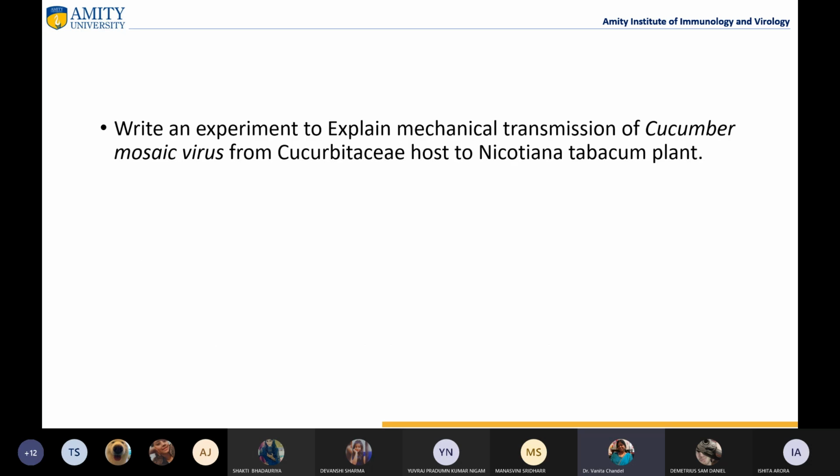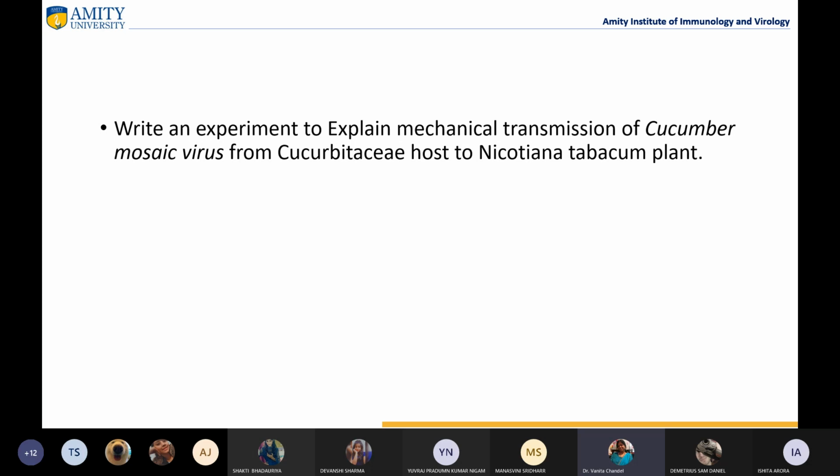Okay, so the experiment that you all will write is an experiment to explain mechanical transmission of cucumber mosaic virus from a cucurbitaceae host to Nicotiana tabacum plant. So I'm not giving you the procedures. I've told you the generalized procedure. Now you will write the experiment yourself, right?